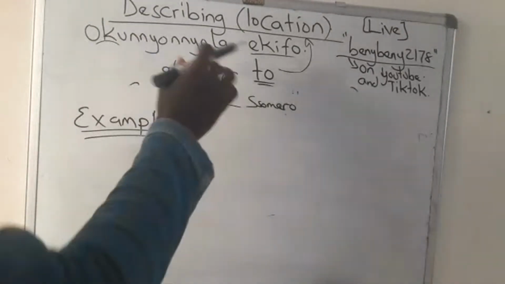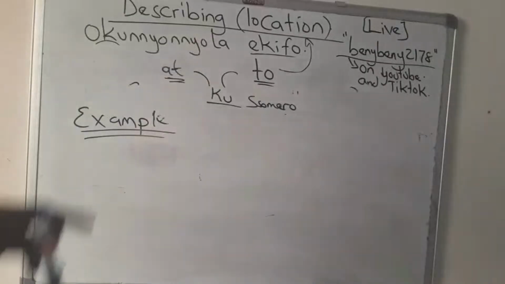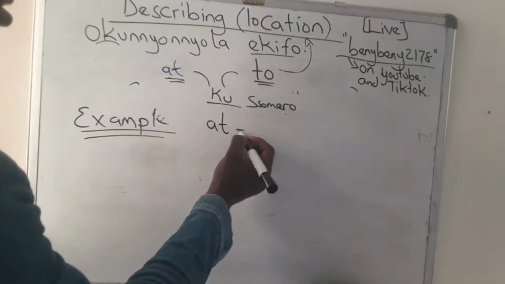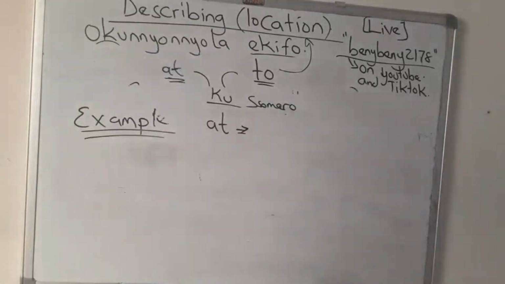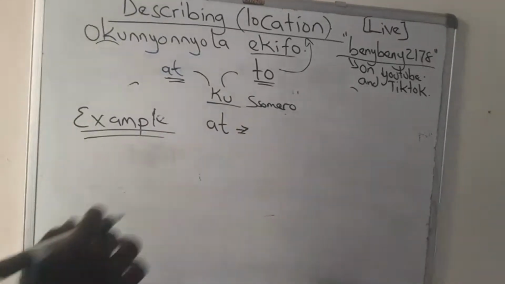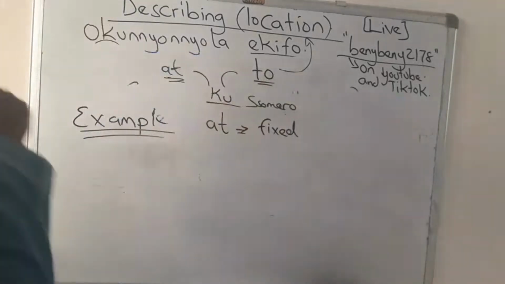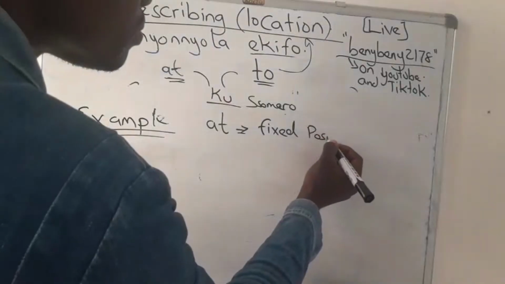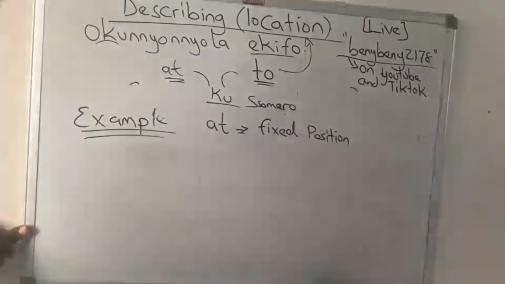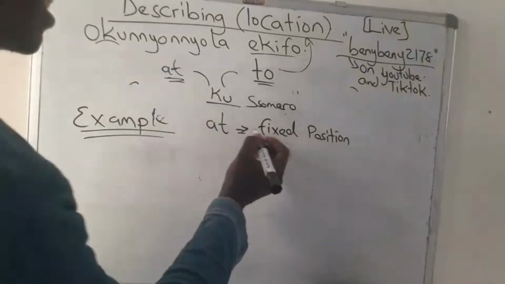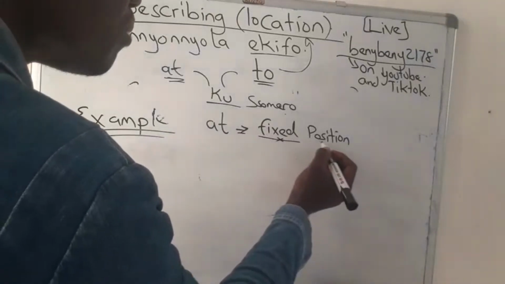I'm going to first explain this. Okay? So, where do we use at? Let's first start with this word at. At, first and foremost, we use it on a fixed position. We use it when something is at a fixed position.